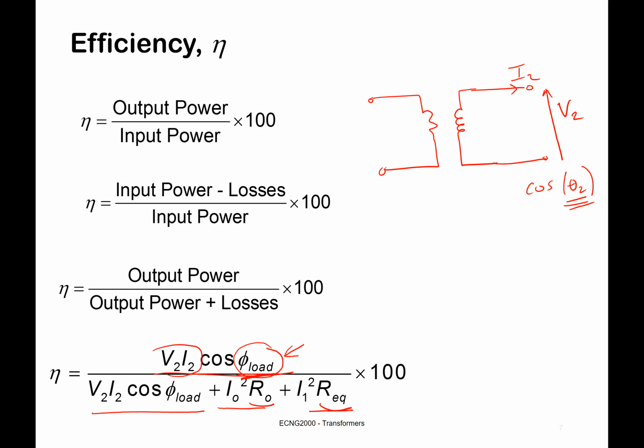plus losses. And again, remember, here it is just the resistances, not the reactances that we use. And these currents, I0 and I1, they correspond to the currents flowing through these resistances.